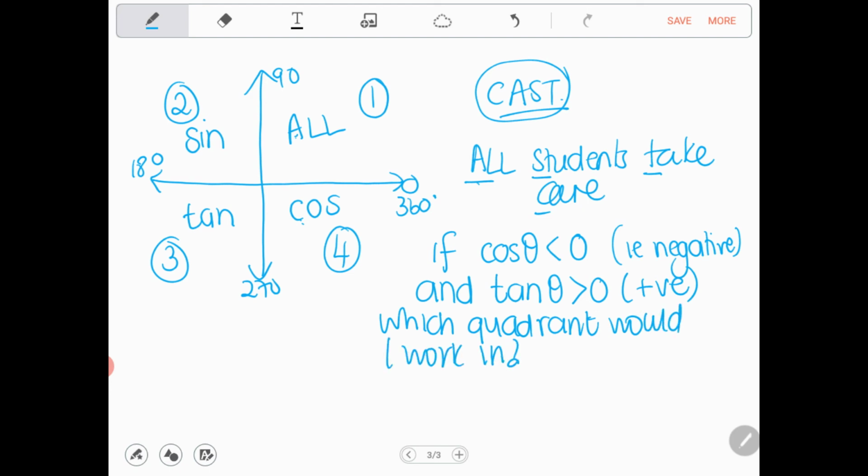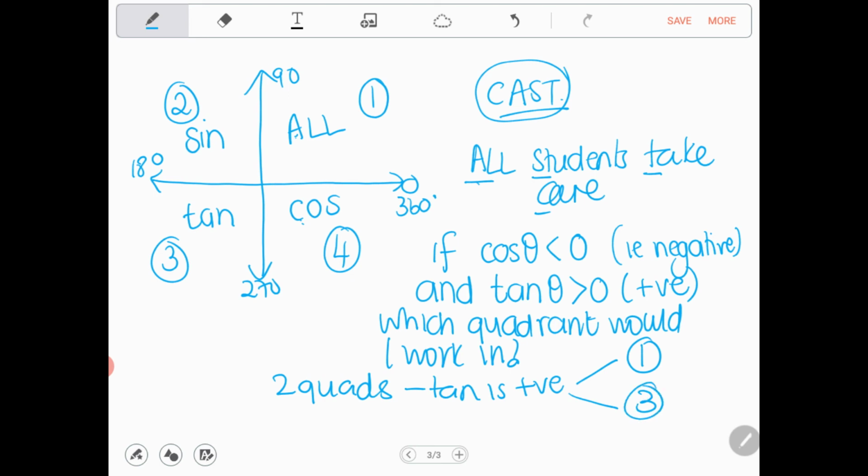Okay, so cos is negative, tan is positive. Well, we've got two quadrants where tan is positive, because our diagram tells us where the things are positive. So that could be quadrant 1, because they're all positive in quadrant 1, and quadrant 3, because tan is positive in quadrant 3.